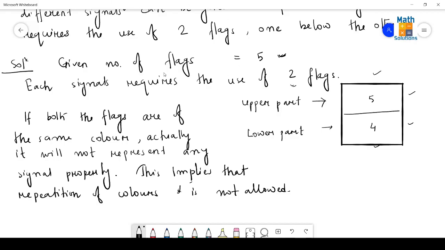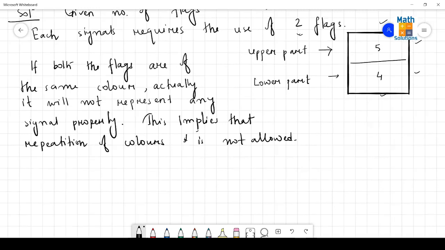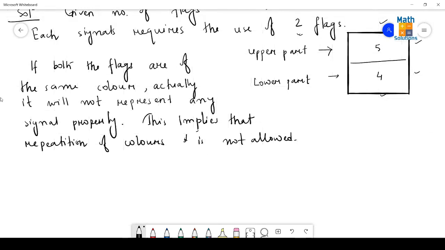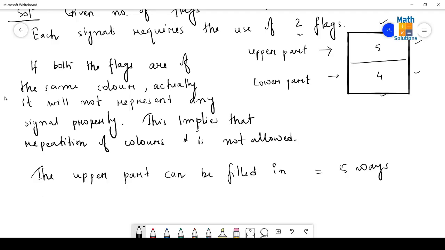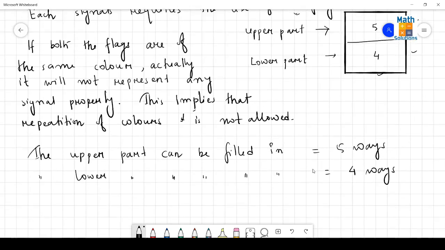After that, let's come to the calculation part. The upper part can be filled in 5 ways. The lower part can be filled in 4 ways. Now, none of the parts we can ignore. Therefore, we have to apply here the fundamental principle of multiplication.